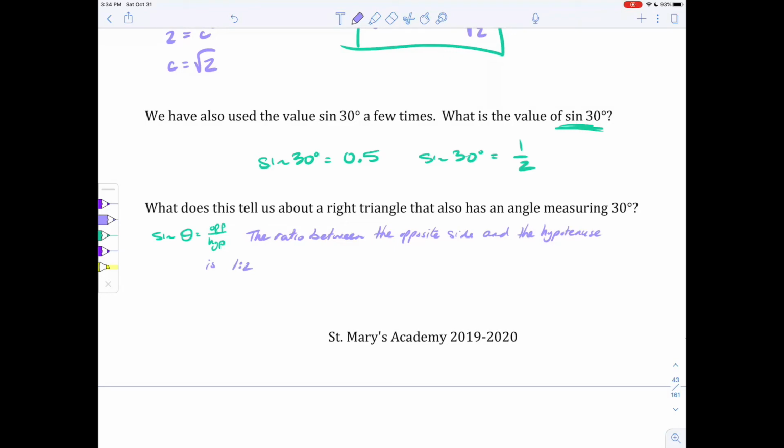So the hypotenuse is twice as long as the opposite side.